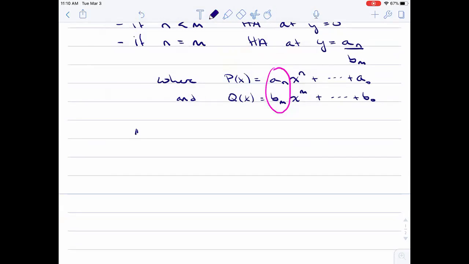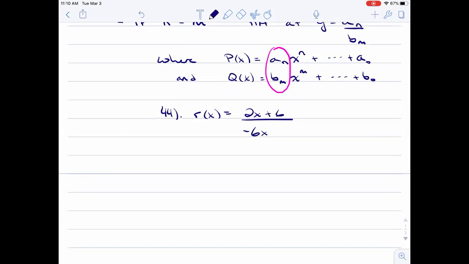Just for a quick example here, number 44 says that R of x is (2x + 6) over (-6x + 3).